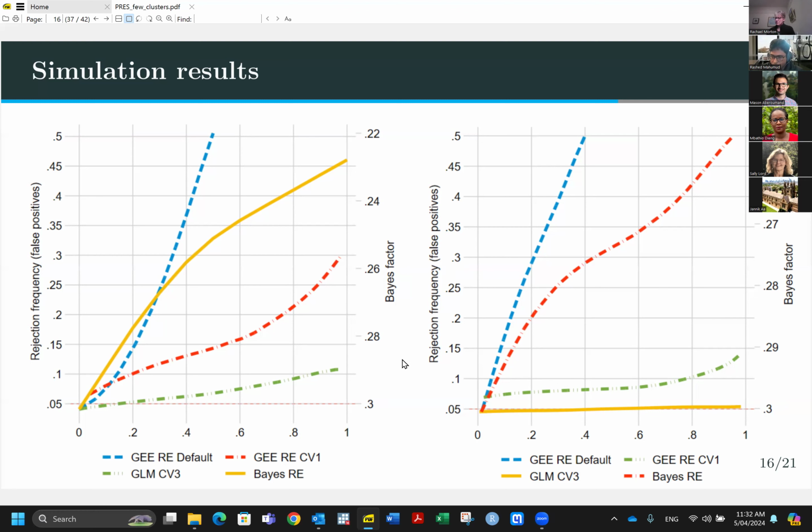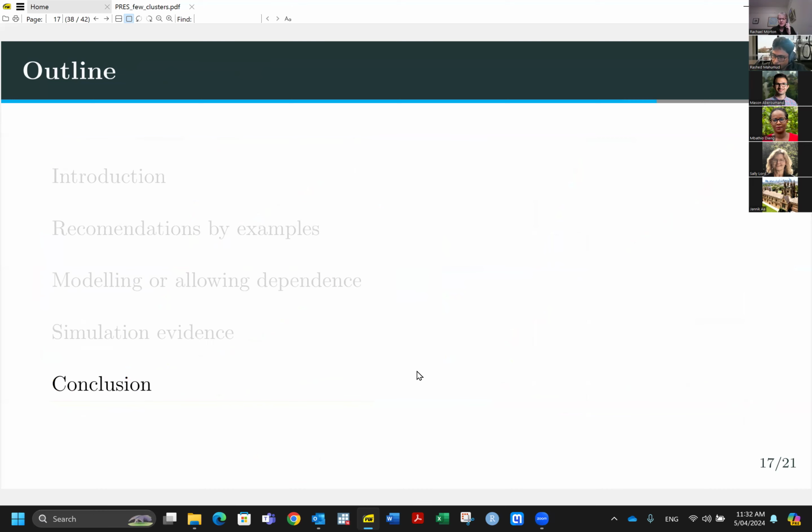We can see that the random effect models using CV1 are too optimistic. Anyway, that supports our recommended benchmark, and there's also so much literature on this. If you pay attention to the literature, you don't really have to read this paper. Anyway, those are the simulation results and conclusions.